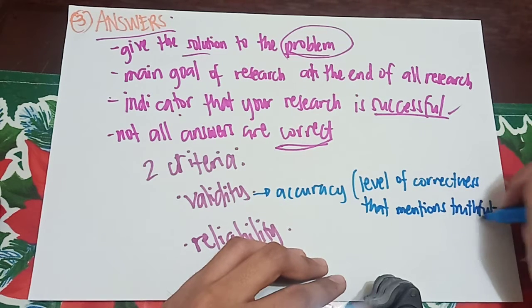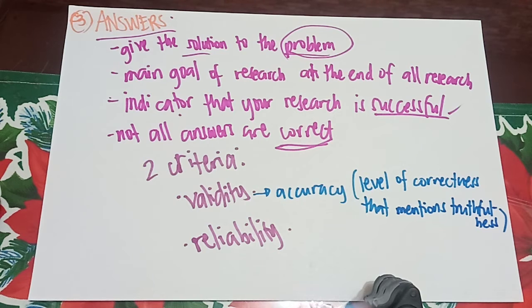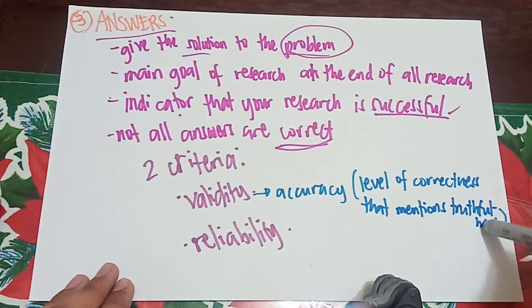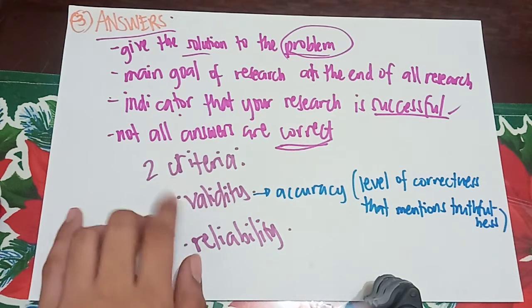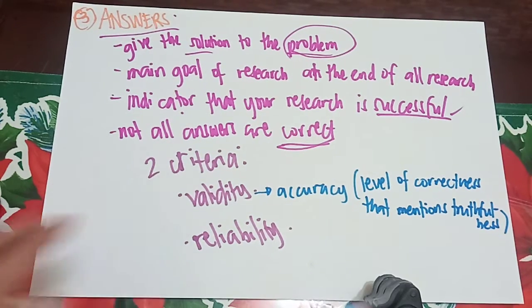Meaning to say, your data is not invented. It is not cooked just within your imagination. It must be accurate, it must be correct, and it must mention truthfulness. So, that is the first crucial criteria in determining if your answer is correct.